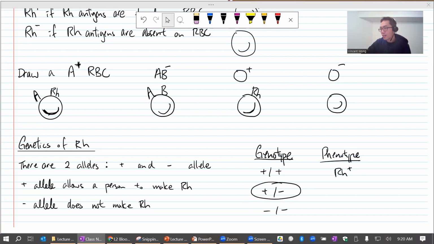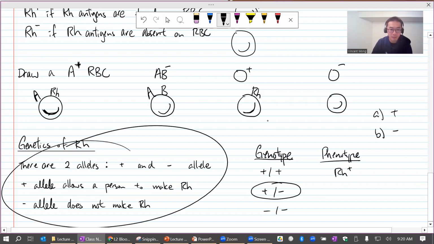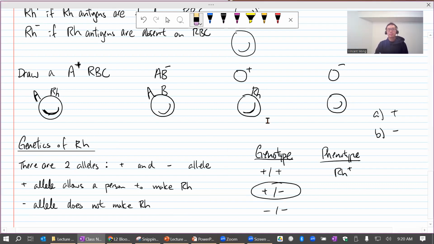My question is, if you inherit a positive allele and a negative allele, will you be RH positive or RH negative? Read what I have here. I think one genotype has an option to make it, so it will still make it, even if the second one does not. That's good, right?